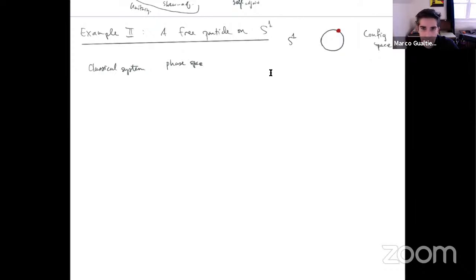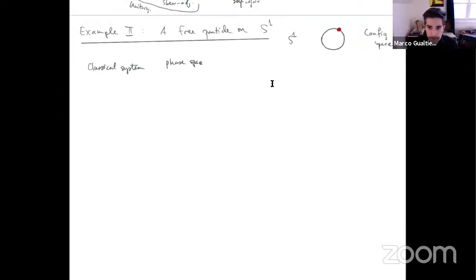In the classical system, we just have a phase space, which is the cotangent bundle of S1. So it looks basically like a cylinder. And because it's free, that means there are no forces acting on it, which means that the only term in the Hamiltonian will be the kinetic energy. And the kinetic energy will just be 1/2 p squared, where p is the coordinate along the cylinder. That's just the squared norm of the momentum.